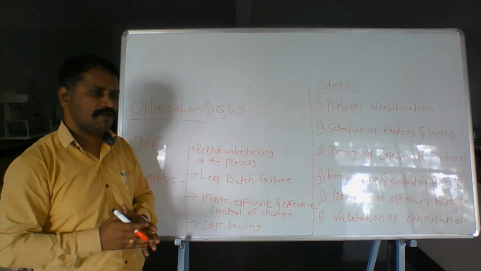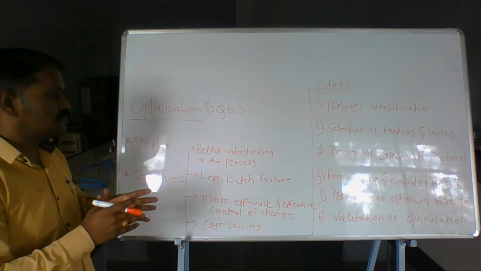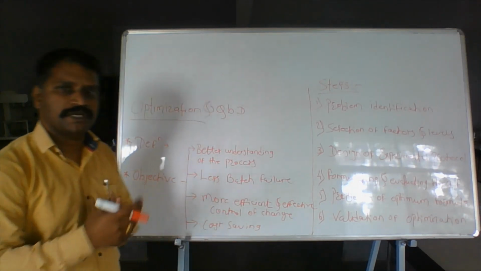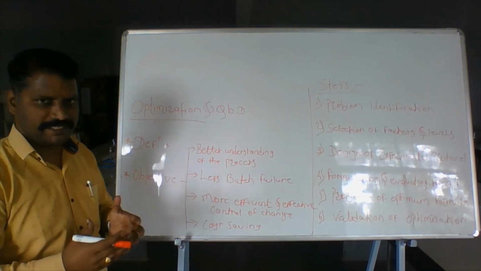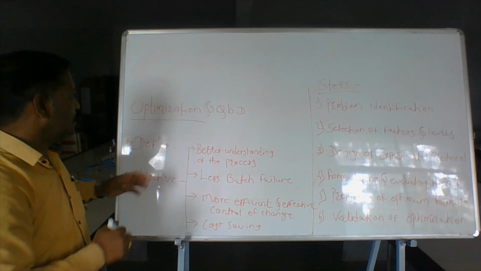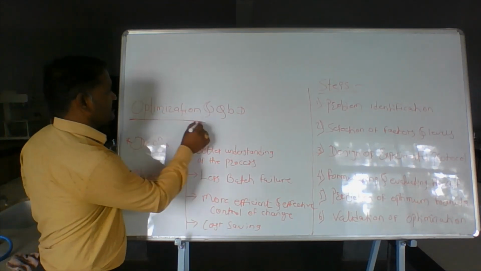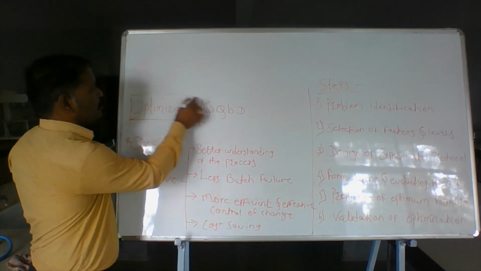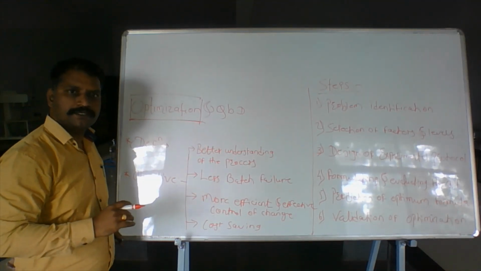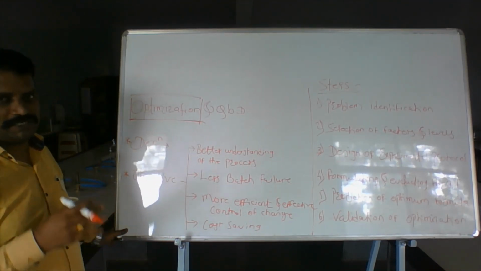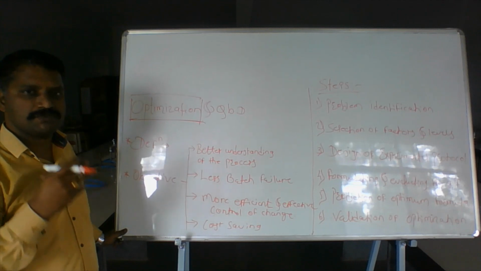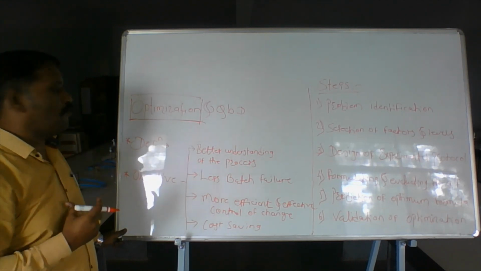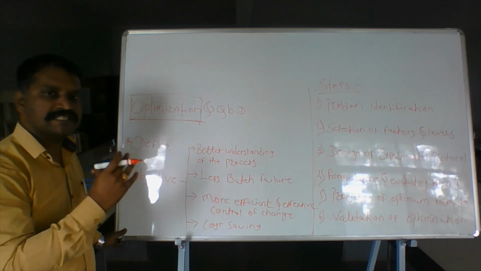This is one equipment used for pharmaceutical dosage form design. So to optimize is to make a perfect, best effective, qualitative formulation, and that is known as optimization.